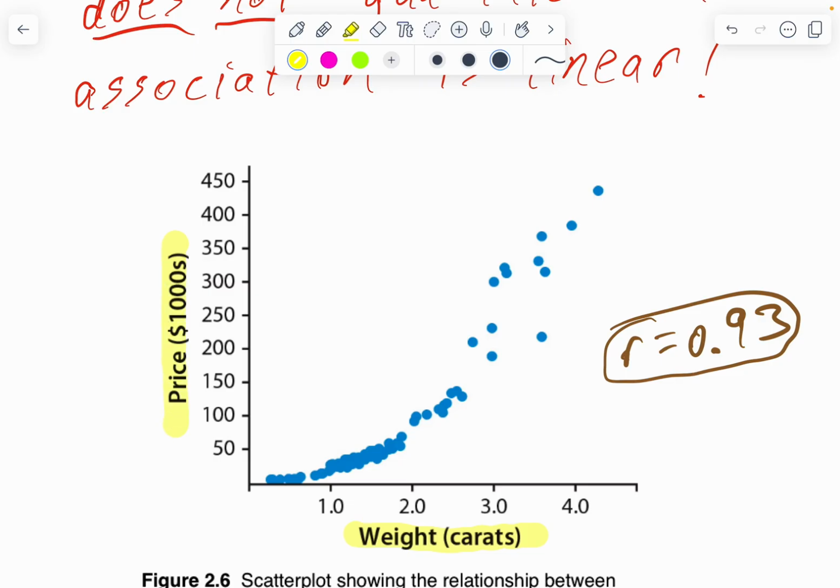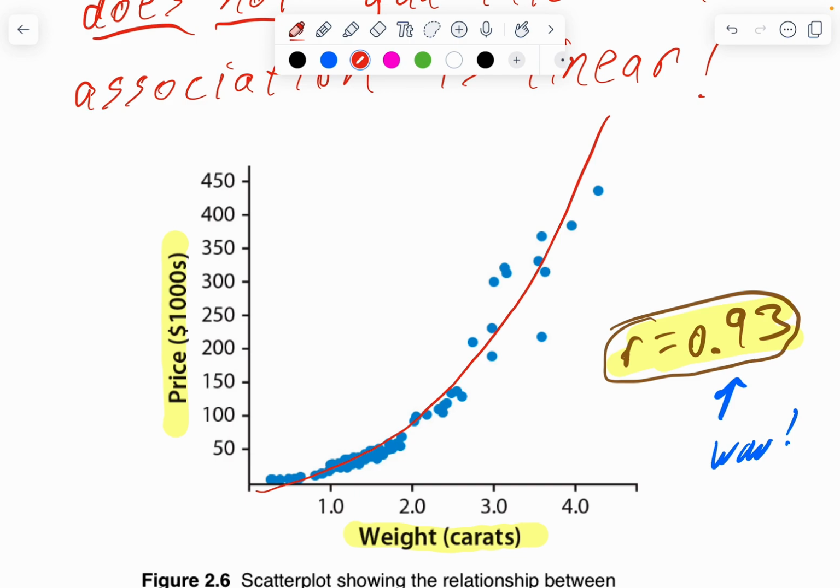If you were to put all of these numbers into a calculator or a computer, it's going to spit out a correlation coefficient of 0.93, which if all you saw was the correlation coefficient and didn't see the graph, you'd look at that and be like, wow, we have a very strong positive straight line relationship in the data. But cool your jets, because what we actually have here is a little bit of exponential growth.